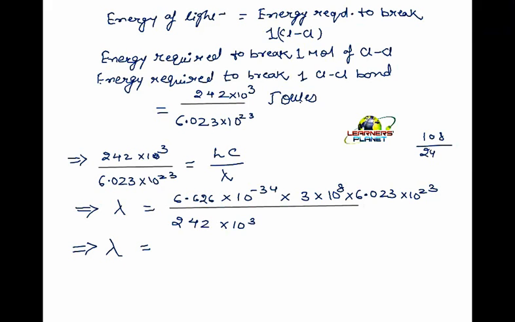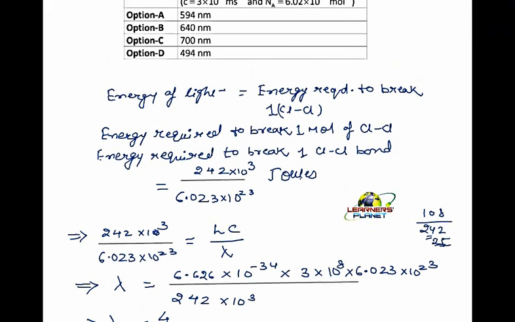If I round off 108 divided by 242, 25 fours are 100, so approximately I'll get 4 as the first figure. Now let's find where there is 4. This is 494 nanometer.